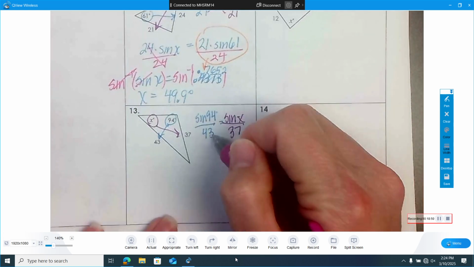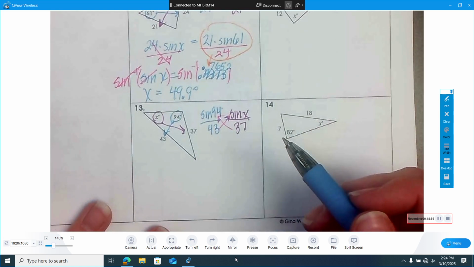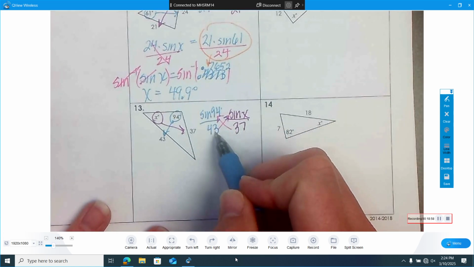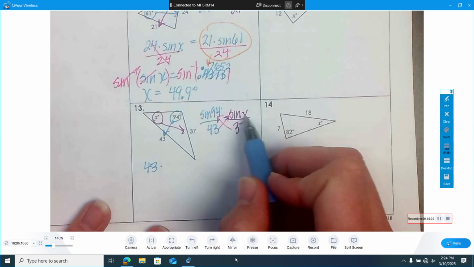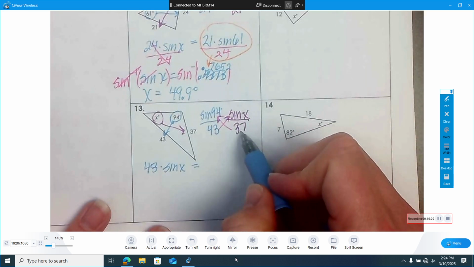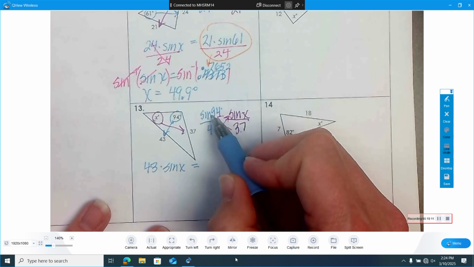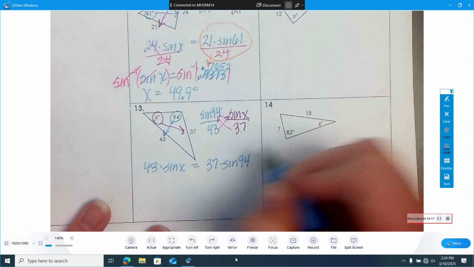And then we're going to cross multiply. Which gives me what? I'm going to start with the 43. 43 times sine of x equals 37 times the sine of 94. Good. Look at that. Brilliant.